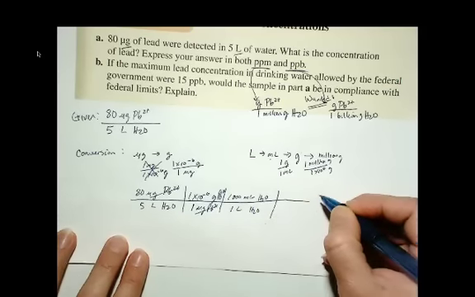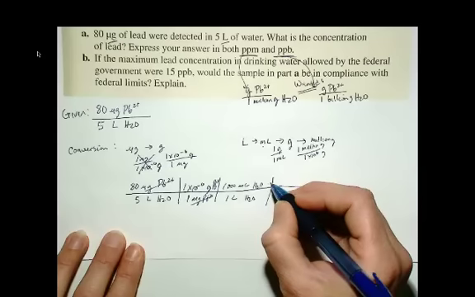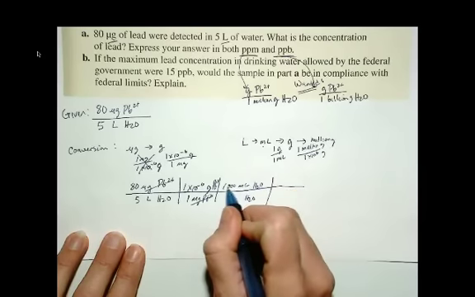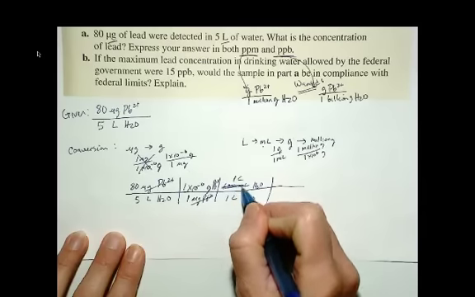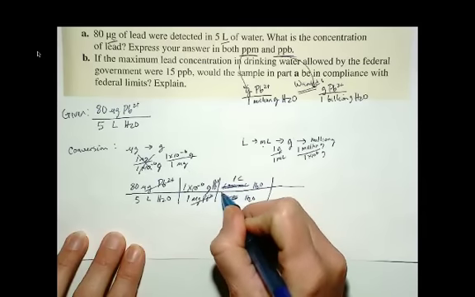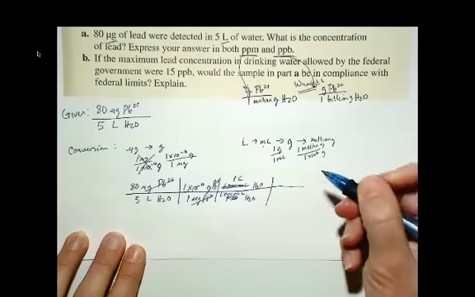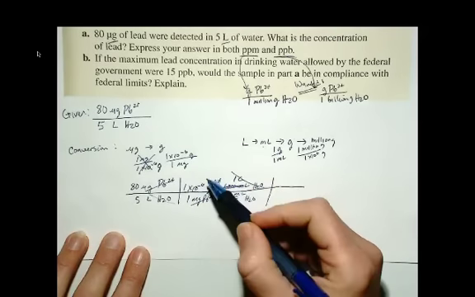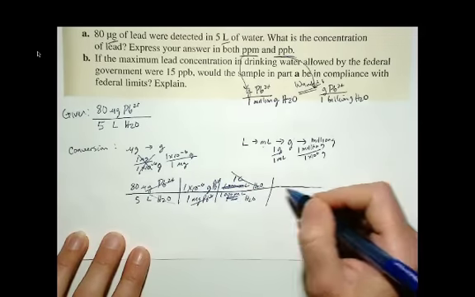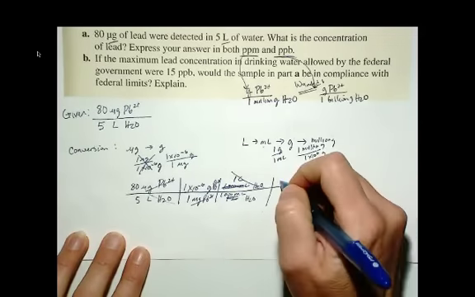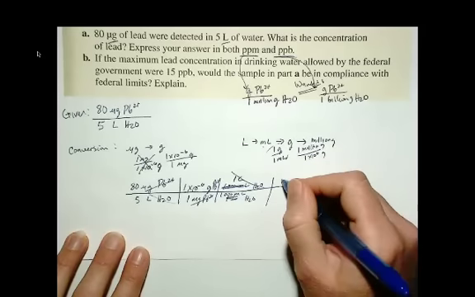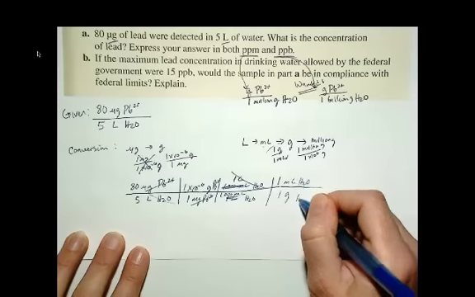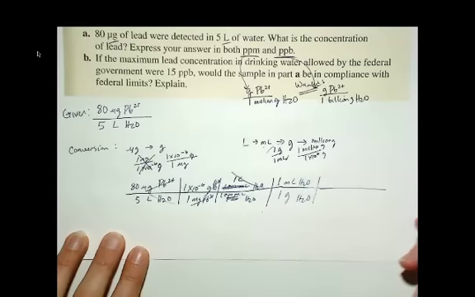Oh my goodness, that's upside down. Okay, 1,000 milliliters. So the liter unit's going to cancel. Now we're in units of grams per 1,000 milliliters. Now I can convert from milliliters to grams because of the density of water: 1 milliliter equals 1 gram of water.